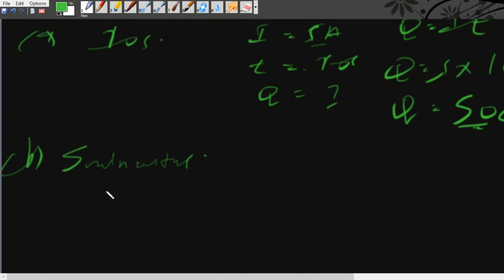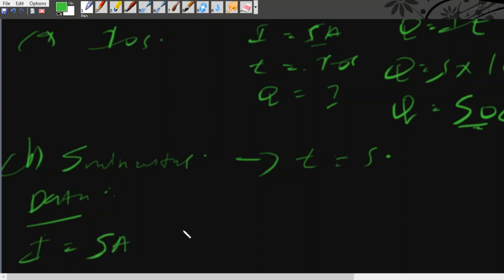Note that the time we have been given is in minutes, but the time must always be in seconds. To calculate charge, we're going to collect our data. Our current is 5 amps. Time is 5 minutes, but the units of time must be in seconds.